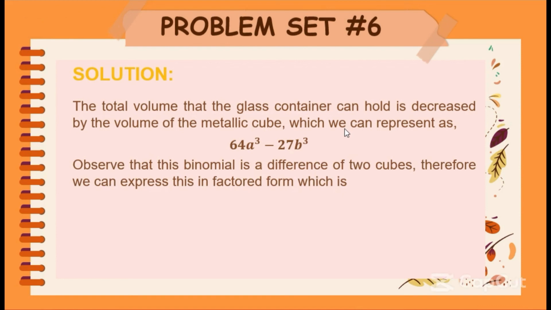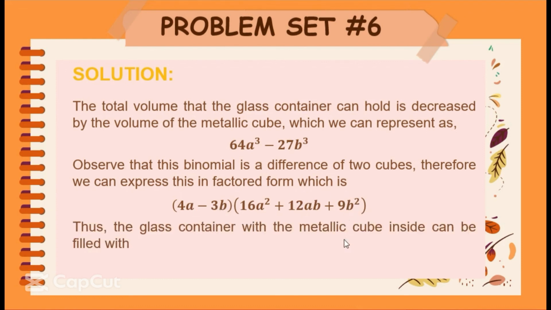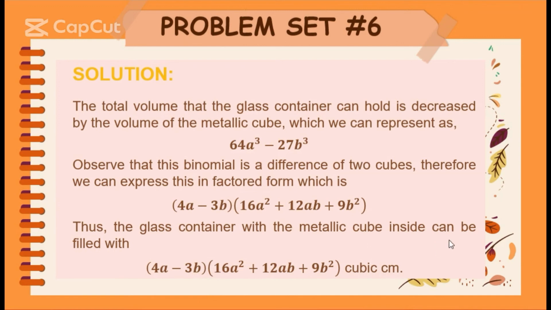So we can express it in factored form, which is, first one, the cube root of the first term, 4a, cube root of the second term, 3b, copy the sign. And then our other factor, get the square of the first term, multiply the first term and the second term, and get the opposite sign, and get the square of the last term, we have 9b squared. So, the glass container with the metallic cube inside can be filled with 4a minus 3b times 16a squared plus 12ab plus 9b squared cubic centimeters.